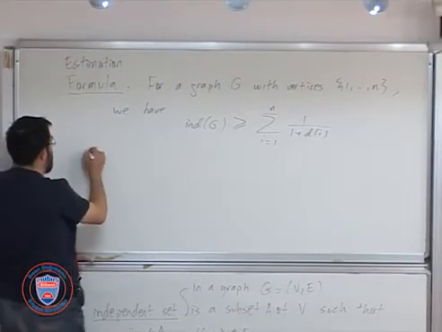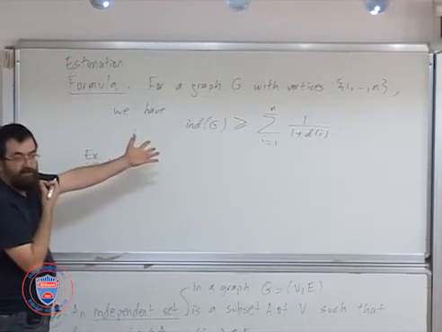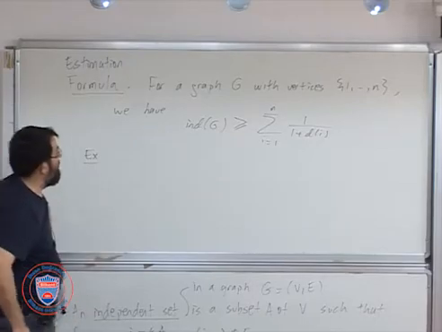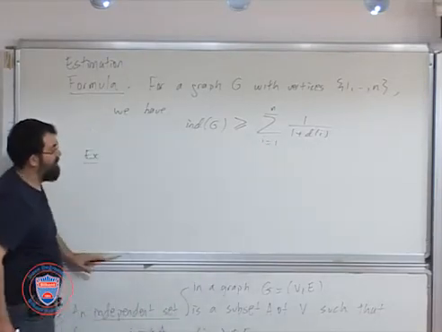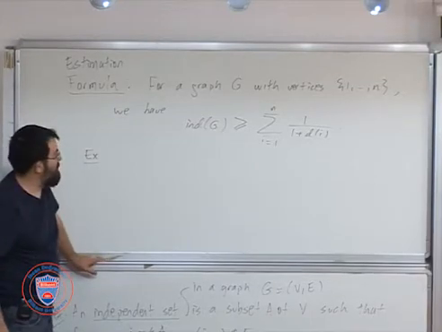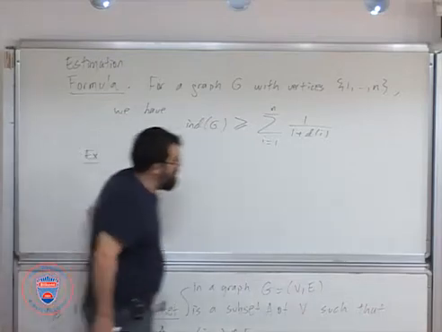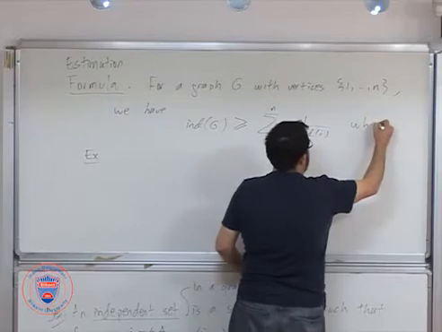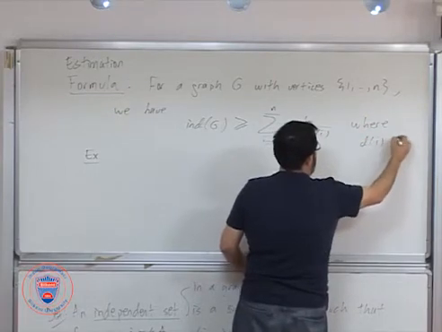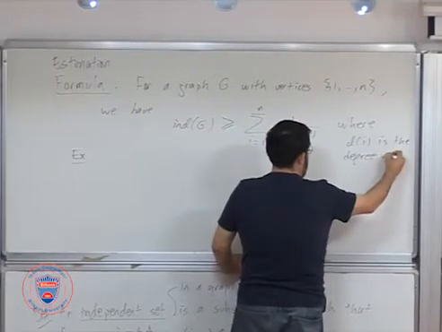If we run this for this example, sometimes it does not give you the exact independent set size. It's not big enough to give it exactly, but it gives you an estimate. It's a good way of getting an estimate. So what's di? Di is the degree of the vertex i.